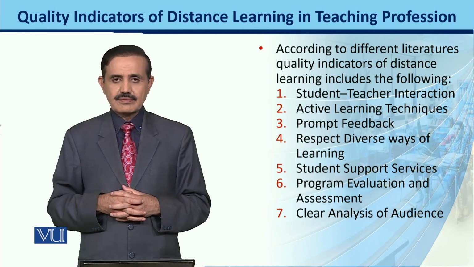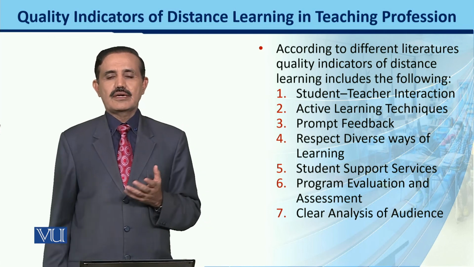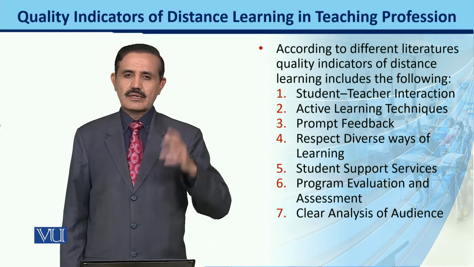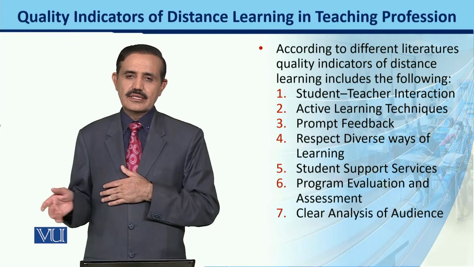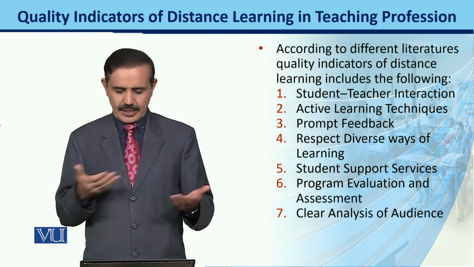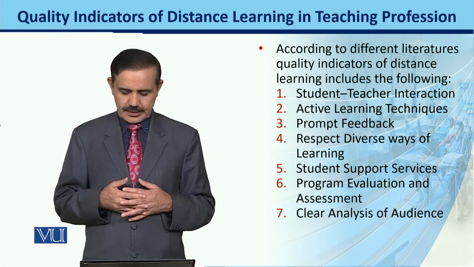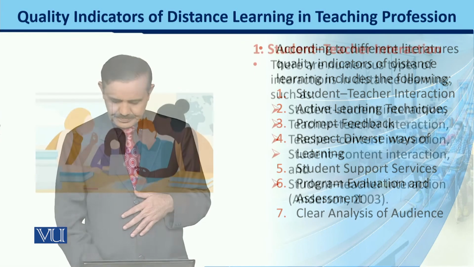Clear analysis of the audience: one student is sitting at one corner of the world or country or region, another is somewhere else, and how can you clearly analyze your audience? So these are the indicators.